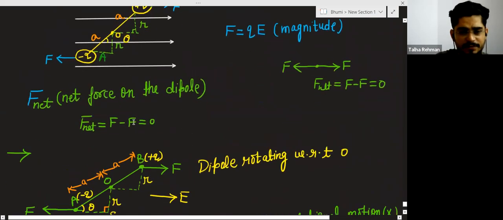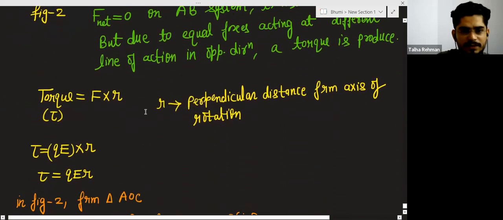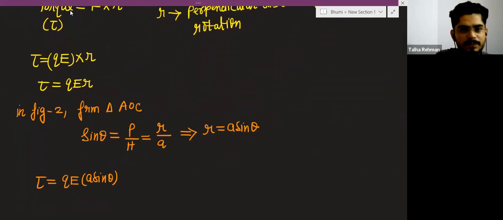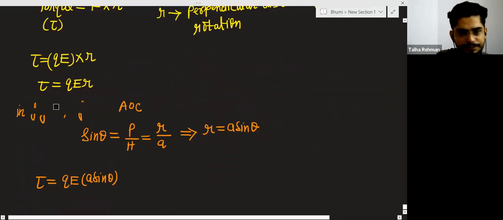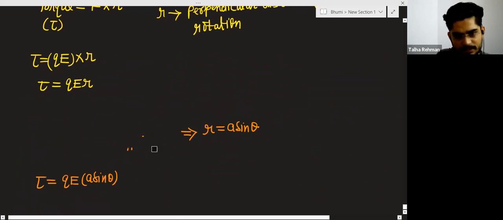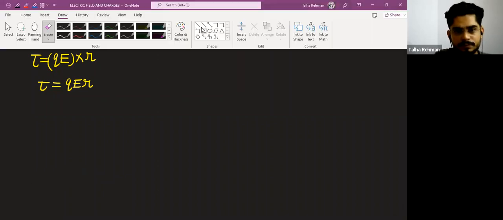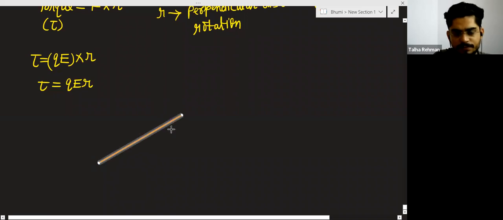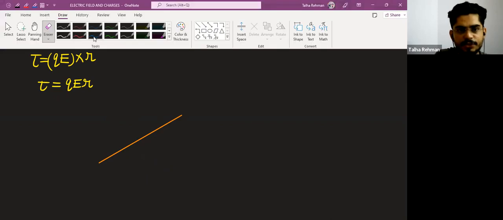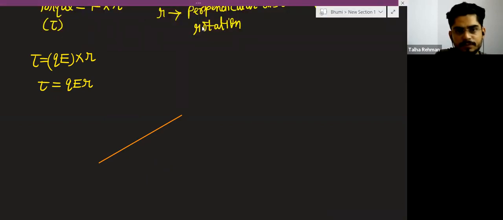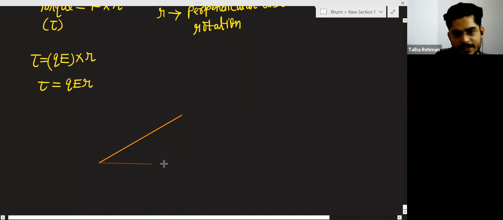Now instead of this triangle, I am taking another triangle. We have a dipole like this, and the direction of electric field is like this.